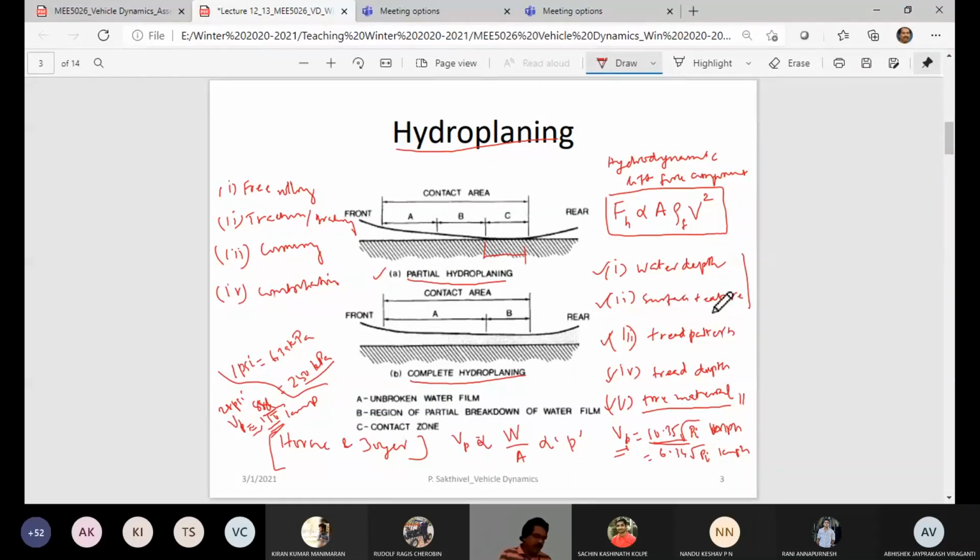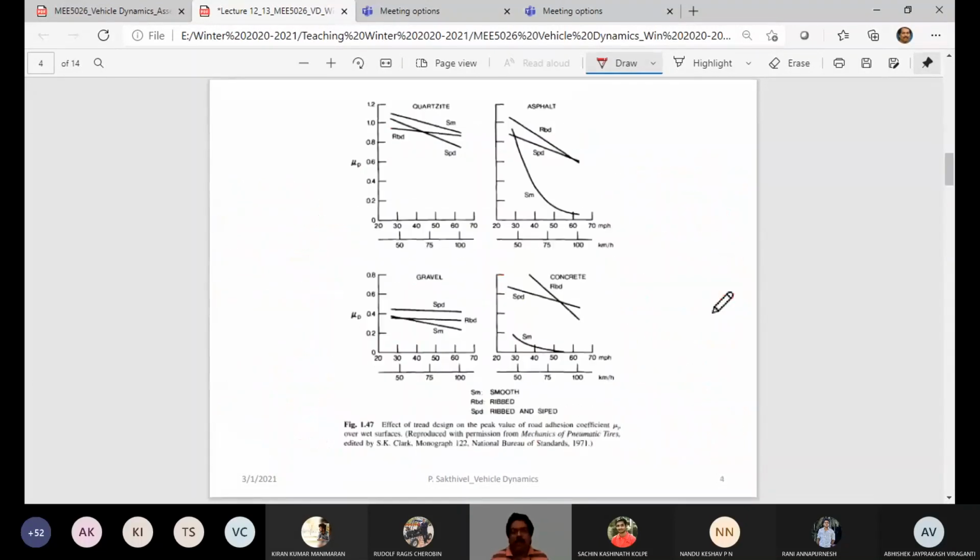So now with this, let's go forward to look at some of the case studies that are presented to understand this tread design. The tread design is what we have just now looked at, right? Tread design means what are the different types of tread profiles. So here SM means smooth tread profile is one, and ribbed surface, circumferentially made grooves, and ribbed with sides.